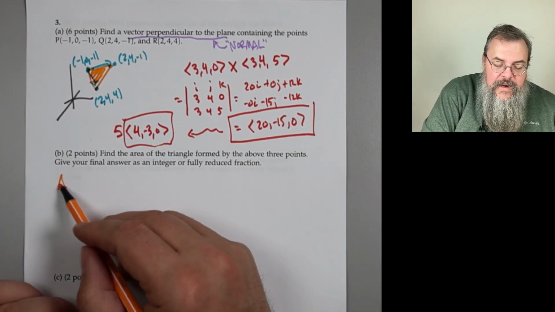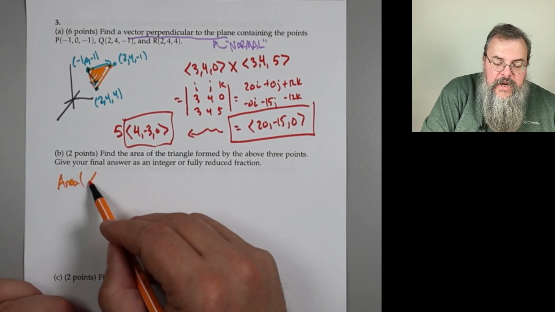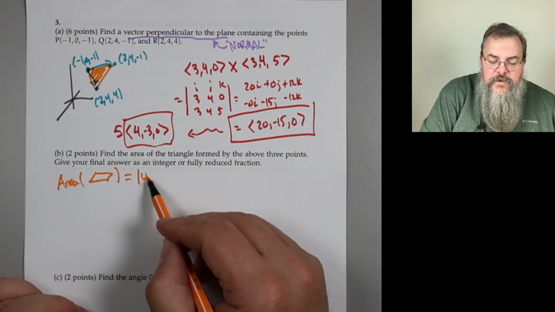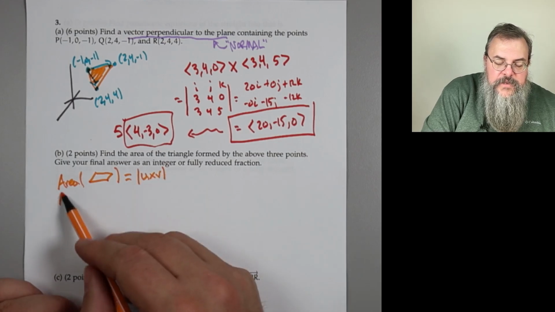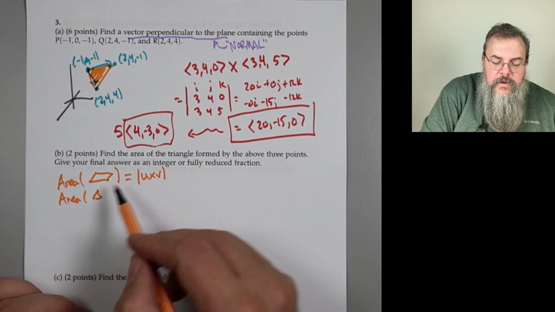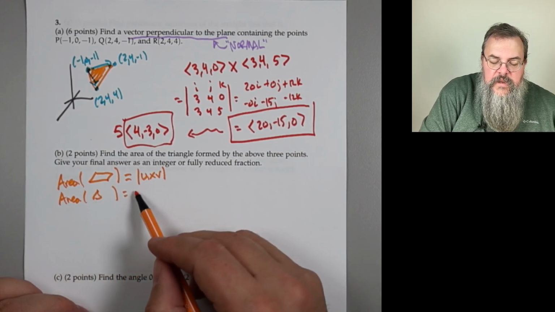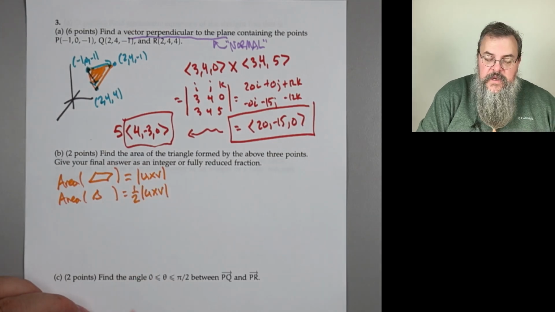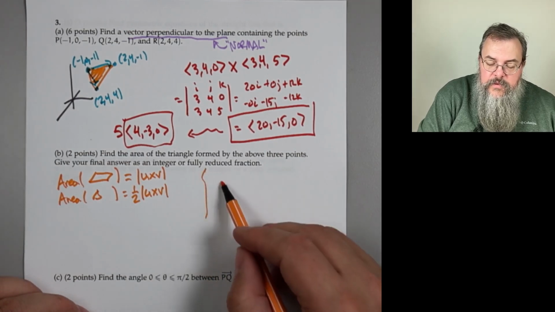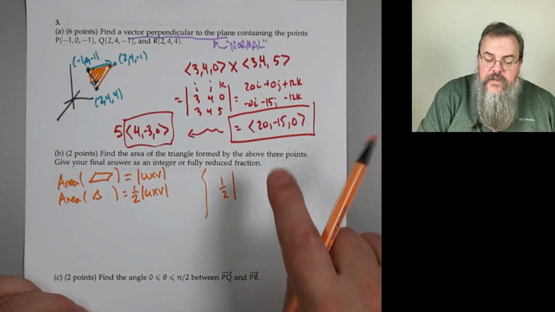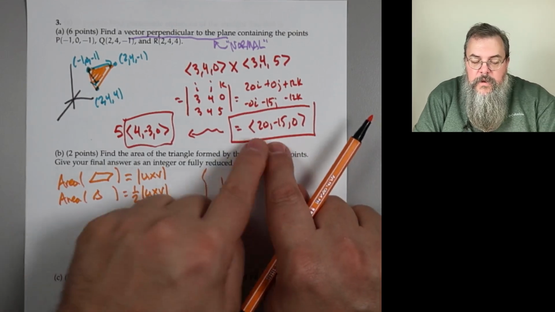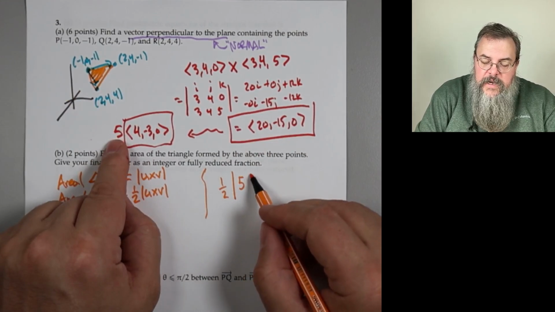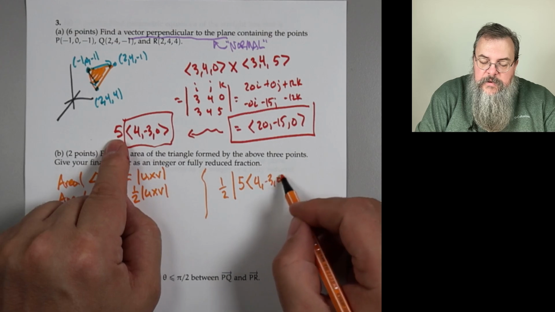So we have that the area of a parallelogram, not a triangle, but a parallelogram, is the magnitude of u cross v. So the area of a triangle, well, the punchline is that's 1/2 a parallelogram, so that's 1/2 the cross product. So for our case, it's 1/2 of the magnitude of this. Well, we can pull out the 5, and so it's 1/2 the magnitude of 5 times (4, -3, 0).